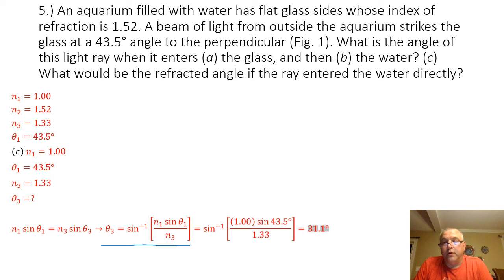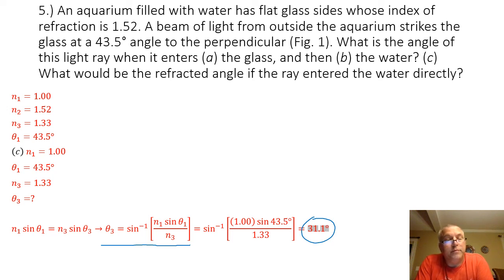I plug my known values for the index of refraction for the water, the angle of incidence, and the index of refraction for the air into that equation, and I'm going to get an angle of refraction of 31.1 degrees. And this, if you recall, and you should recall because it was just about a minute and a half ago, is the same angle of refraction as when the light had to go through the glass into the water.